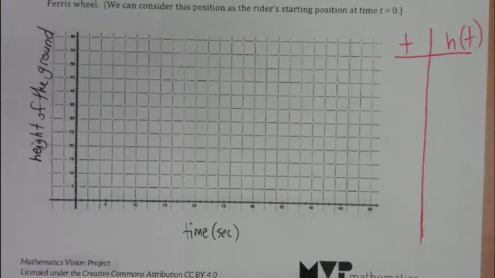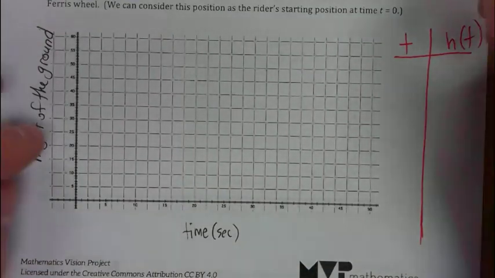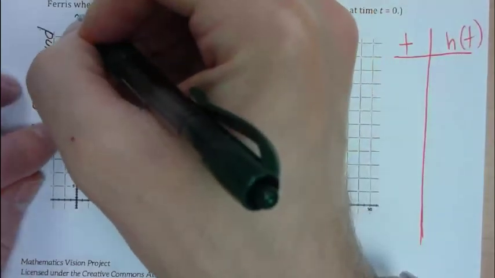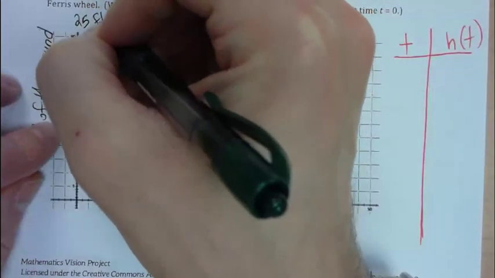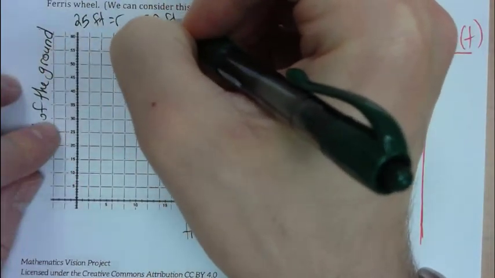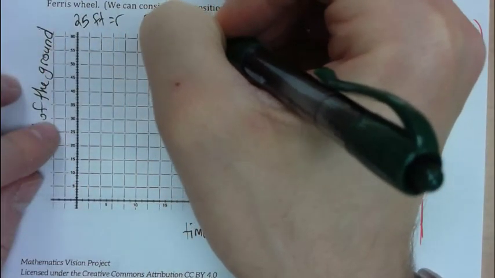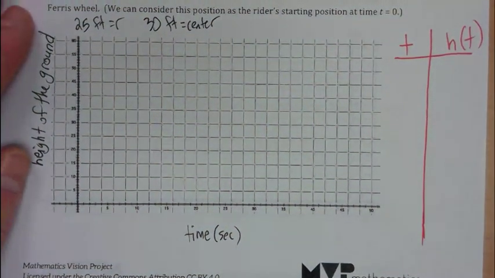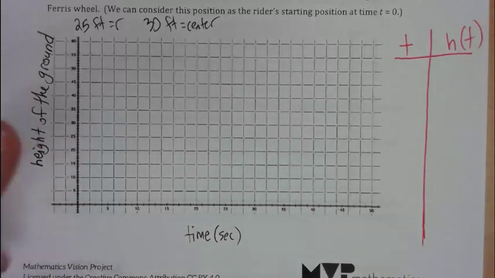Now if we think about our information, we know that we had a 25-foot radius equals r, 30 feet for the center, and our rotation is one counterclockwise every 20 seconds.